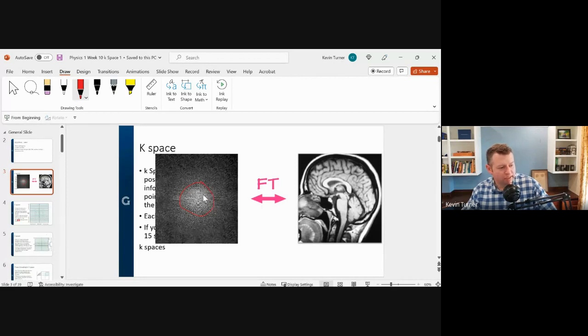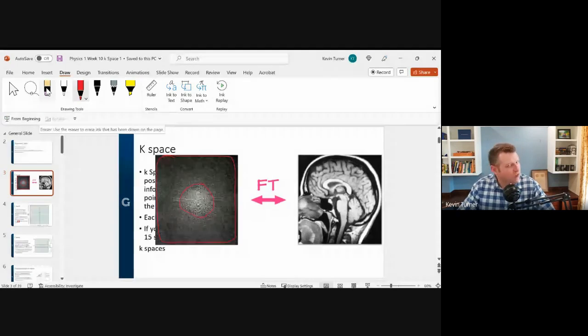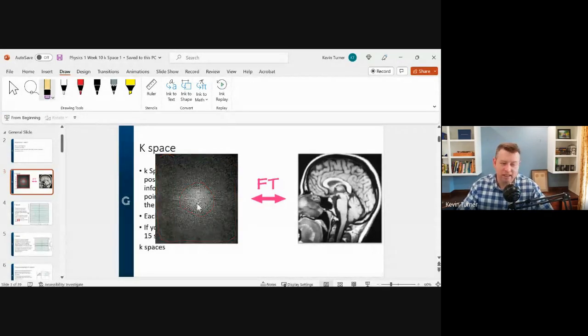These are the highest points of SNR, created at the middle of K-space. Out here, these data points are very dark. Those are used to make the resolution of the image. Choosing which echoes go in the middle allows us to do lots of different things in MRI. It's what makes fast spin echoes possible.